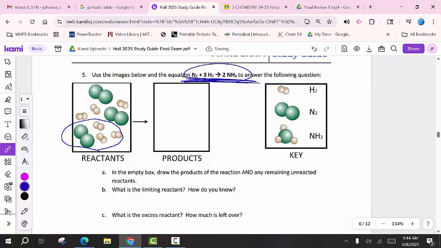If I follow the reaction, 1 nitrogen and 3 hydrogen makes 2 ammonias. So I'm going to draw 2 ammonias that form as a result of those things that I just circled. And I'm going to do it one more time, where I circle another grouping of 1 nitrogen and 3 hydrogens. As a result of those reacting, that's going to make also 2 ammonias.